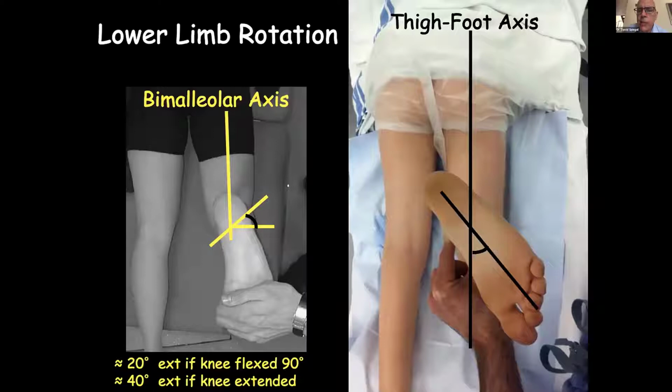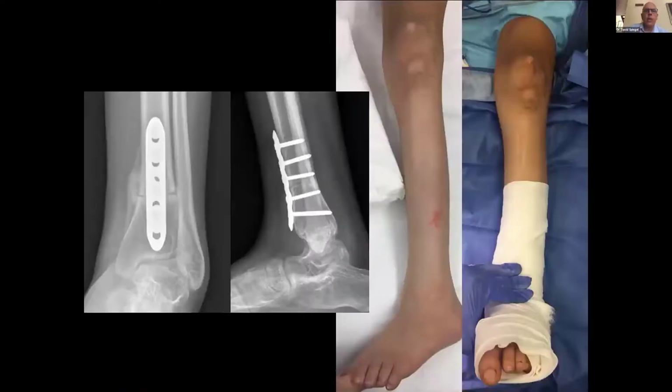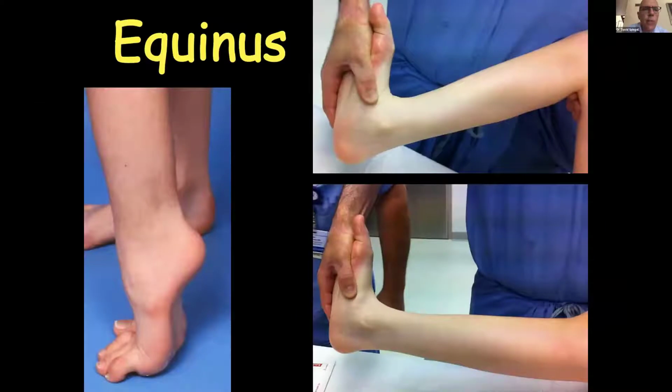That's a composite clinical assessment. Or the bimalleolar axis, which is attempting to estimate the true rotation of the tibial axis. And note that the standard measurements or typical measurements are different whether the knee is flexed or extended. So tibial derotational osteotomies, many different techniques are available.